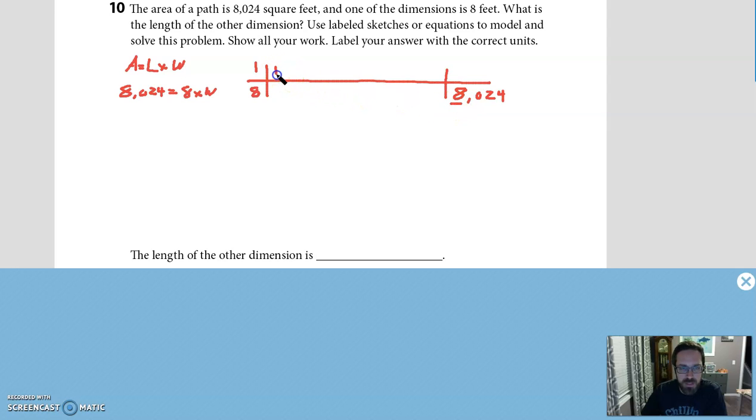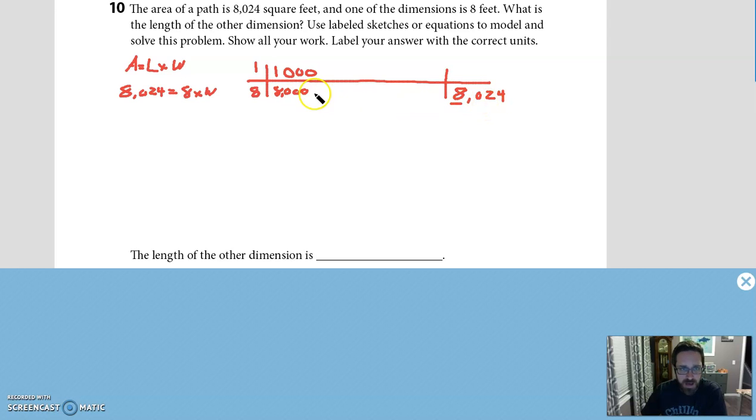That's 1. And then after that, I have 1, 2, 3 place values that I'm just going to fill in with zeros. So 8 times 1,000 would be 8,000. So right away, making a jump of 1,000 gets me 8,000.